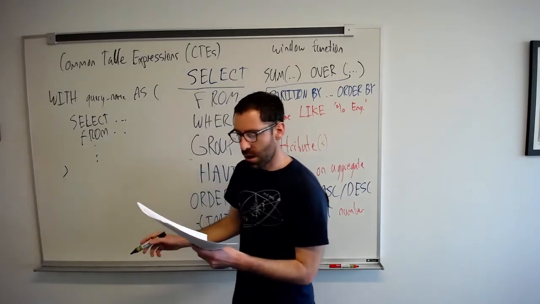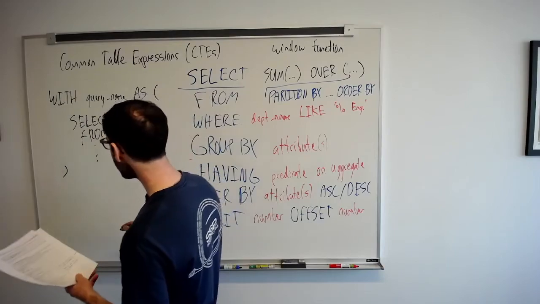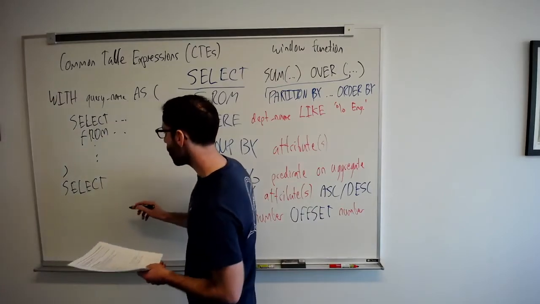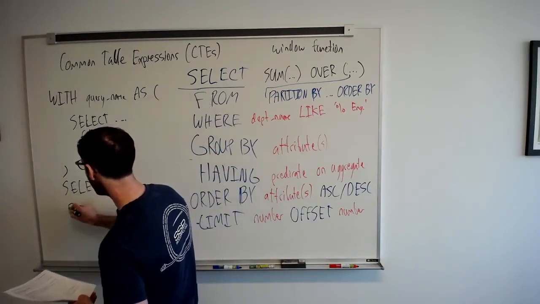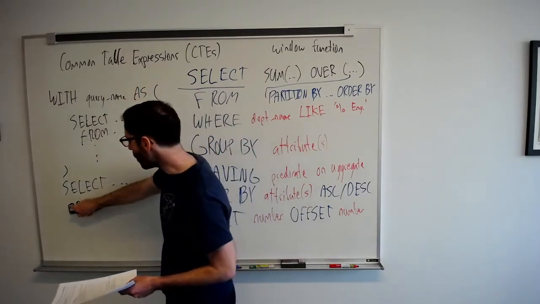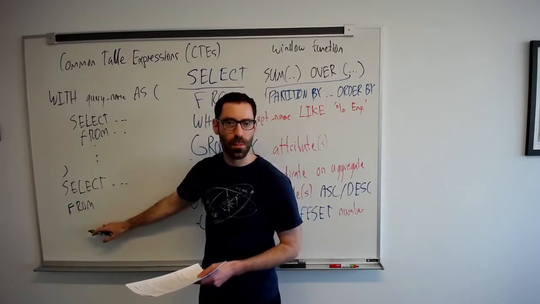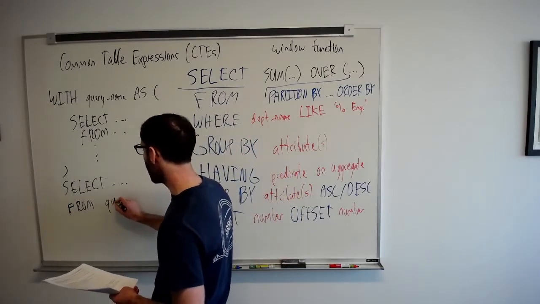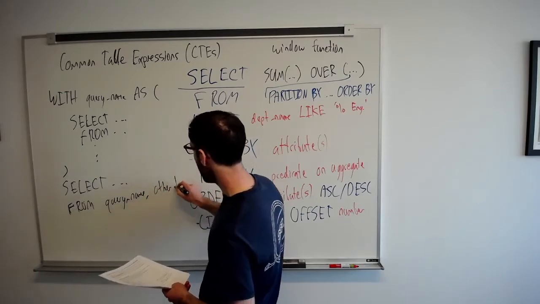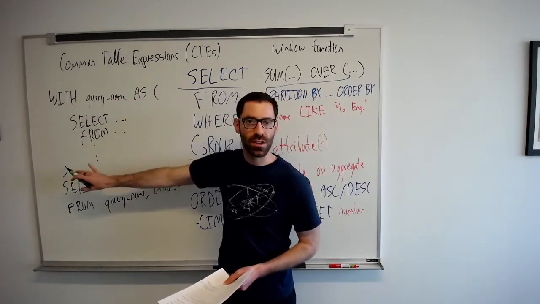After you close the parentheses, you can then do another query, select whatever it is, and you can use this query that you've named anywhere within this main query. So we could select from query name, and join some other table with the results of this query name.